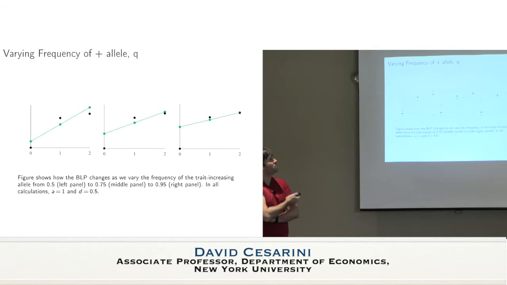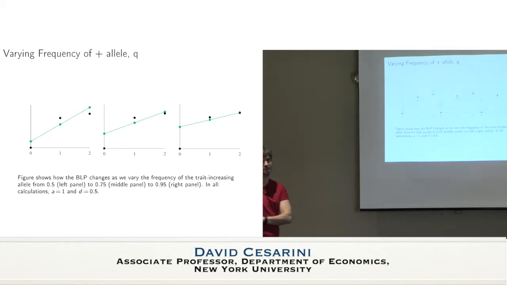The other thing you can ask is what happens if we vary the allele frequency? So we push more people away from homozygosity to being heterozygous, and some of the heterozygotes towards being homozygous. And so as we progressively increase the frequency of the reference allele here, what happens is that the best linear predictor, so the regression slope, attaches much more weight to being close to these 2 data points, because that's where we have the most observations, right?